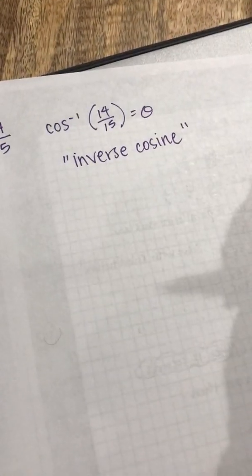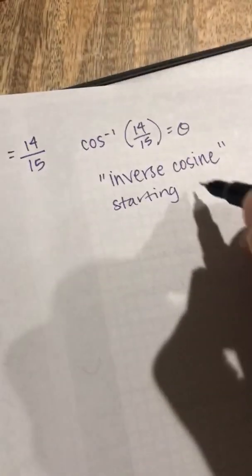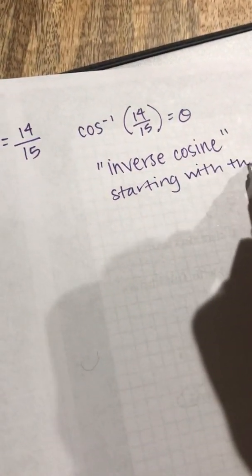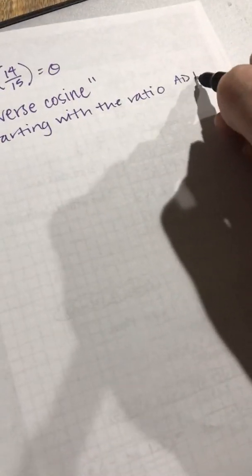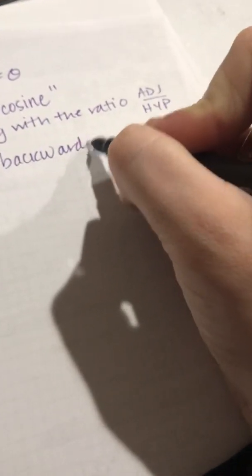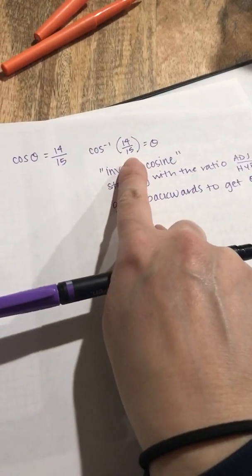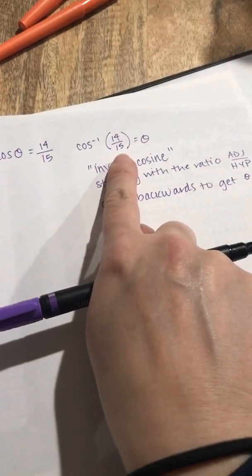It means going backwards, starting with the ratio of adjacent over hypotenuse and going backwards to get theta. So this is the setup for the equation. This is how I rewrite the equation and what I'm going to type on my calculator.